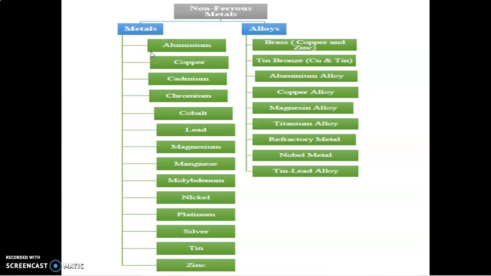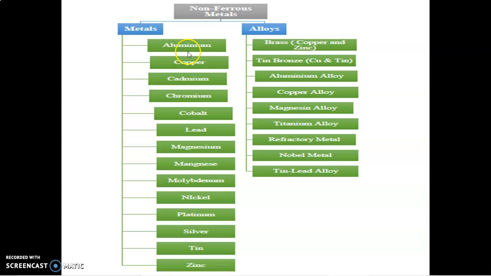So coming to non-ferrous metals, here we can see the way of classification of non-ferrous metals. In case of ferrous, we have broadly classified into steel and cast iron, and here we are classifying non-ferrous as metals and alloys.